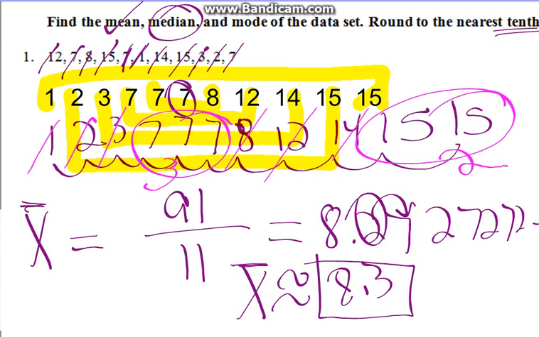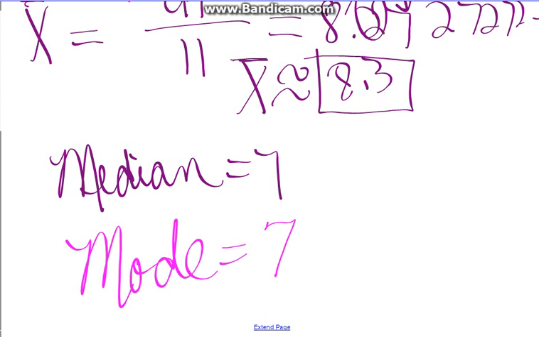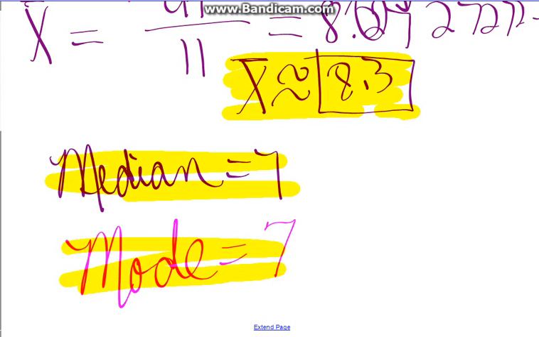Which one occurred the most? 7. So 7 is our mode. Whatever occurs most is your mode. So there's our answers: our mean is 8.3, median is 7, and mode is 7.